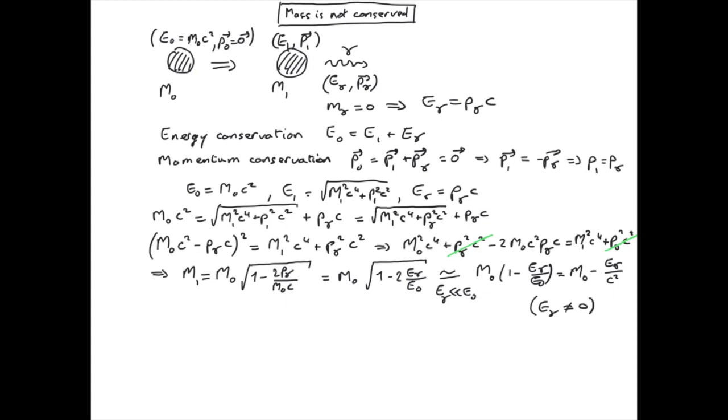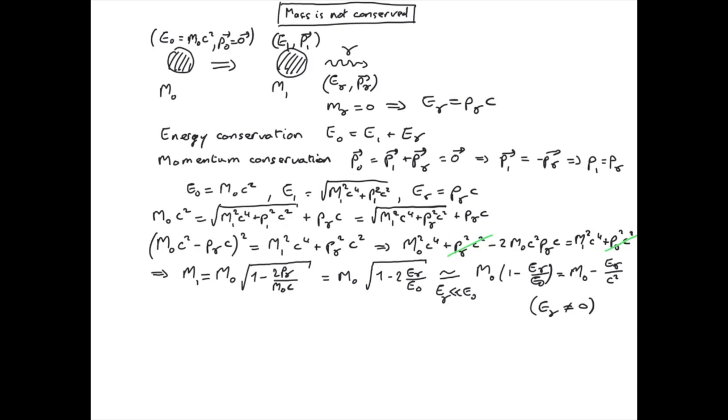We took the example of an atomic nucleus here, but this is true for any system which will emit a photon: a molecule, an atom, a nucleus, a particle. Whenever a photon is emitted, the mass of the system is changed. There is no choice.